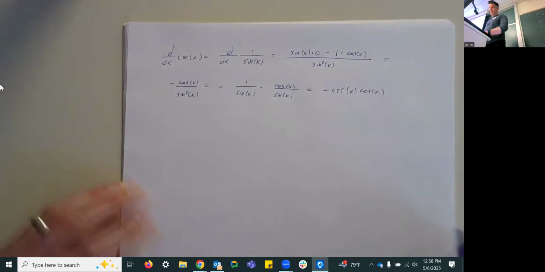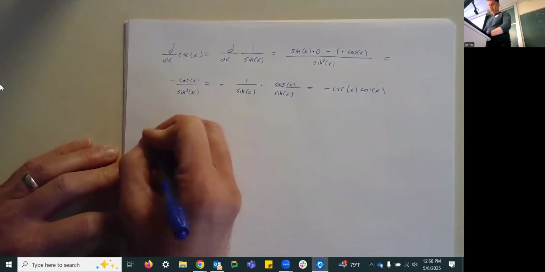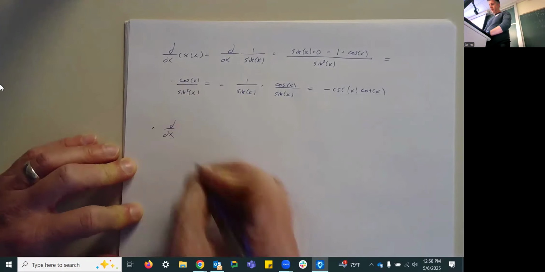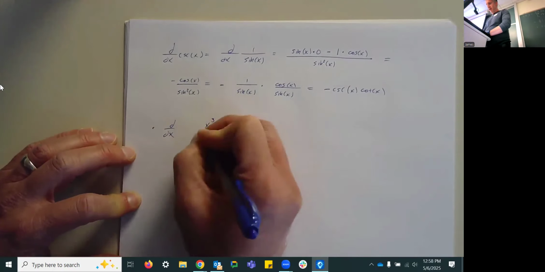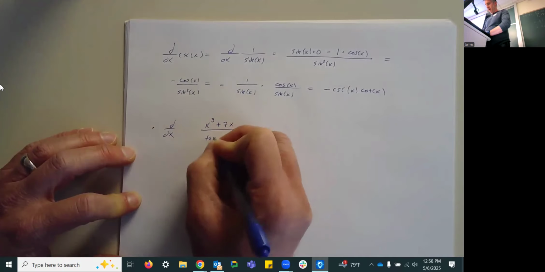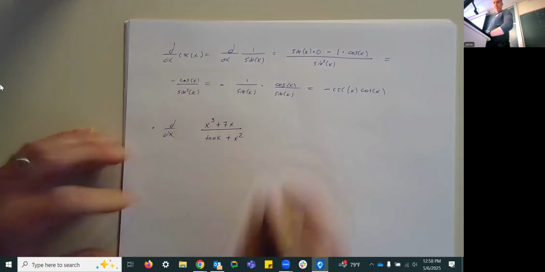So for example, now we could ask to take, say, the derivative of x cubed plus 7x divided by tangent x plus x squared.